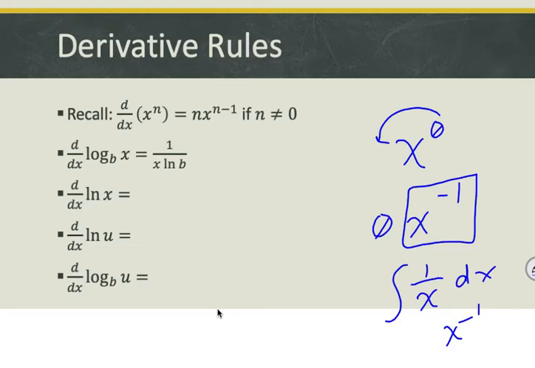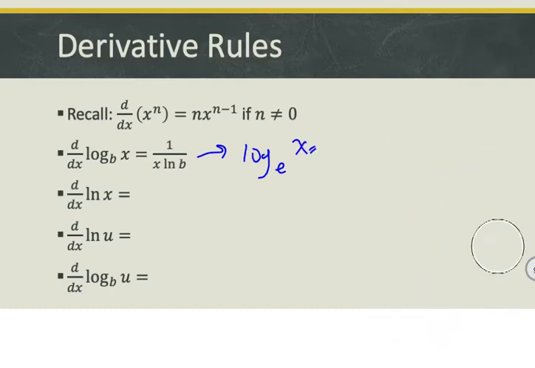Okay, so now let's think of this in terms of log with a base of e. What are we going to end up with? We always start with 1 over whatever this is right here, which in this case is just an x. The ln of the base is always there, that's part of that formula.